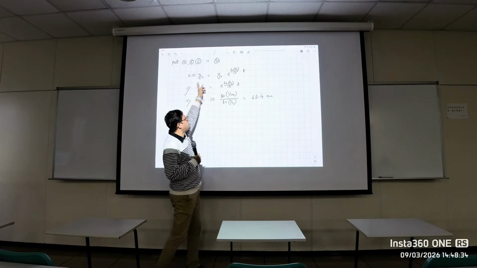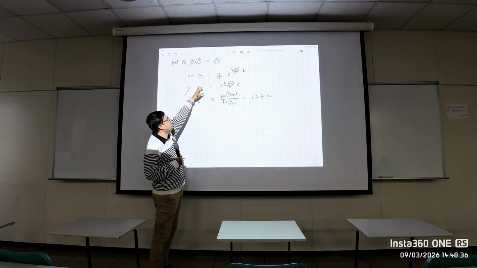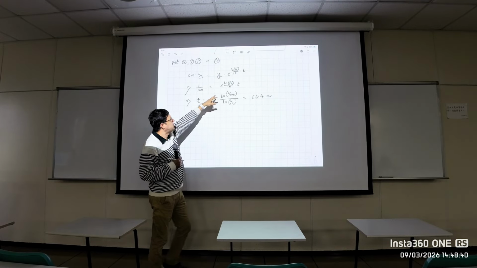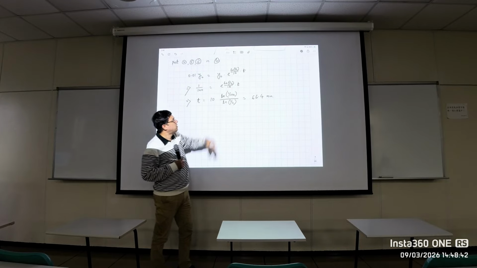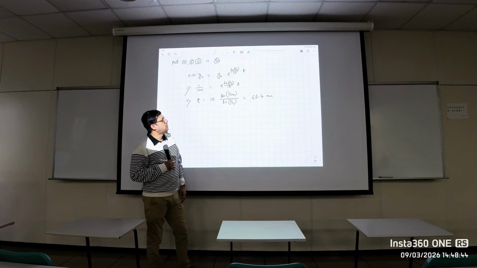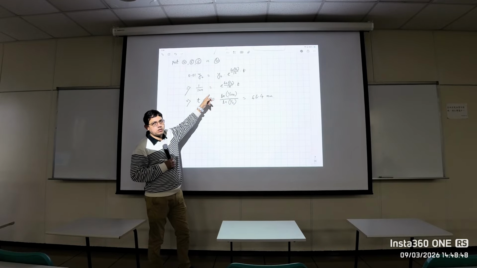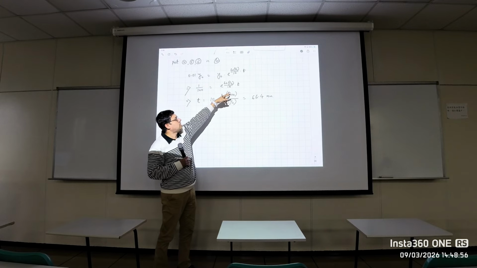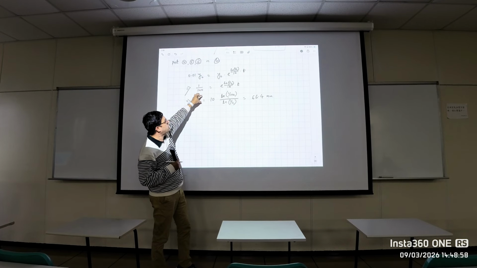If I break this one, it will be ln 1 over 100. This side will be how much? ln 1 over 2 by 10. So I try to calculate t from there.